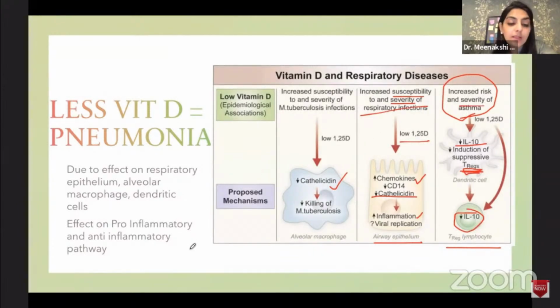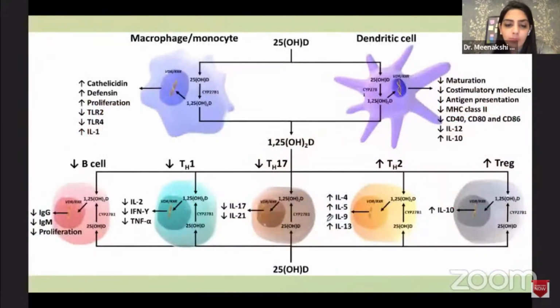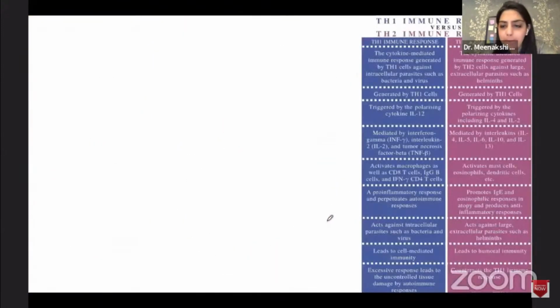So again, I said there are several mechanisms because of which we had taken this call of promoting vitamin D in the COVID era. I don't think I need to discuss the Th2 and Th1 response again, do I?